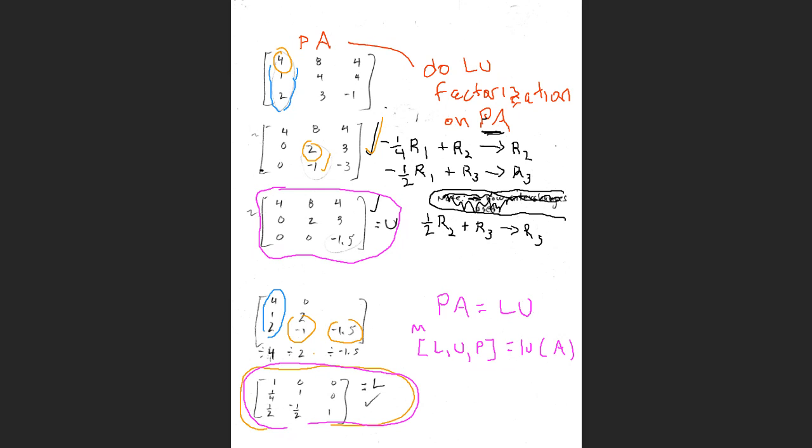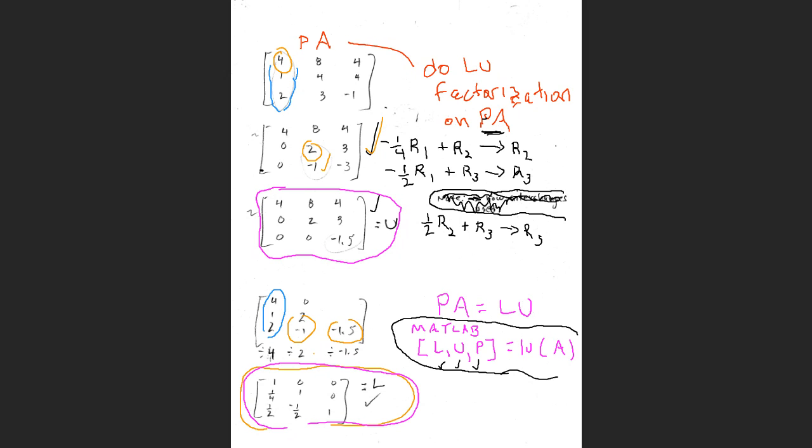This is the MATLAB command. In MATLAB, you will use the command LU of A. That's going to do an LU factorization that will generate a matrix L, a matrix U, and a matrix P, like the ones that I've shown you in this example.